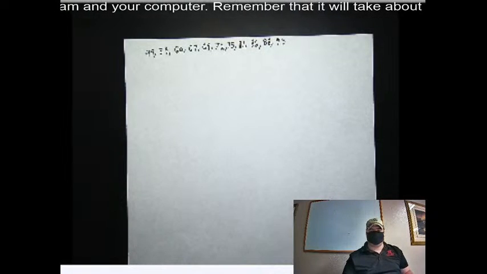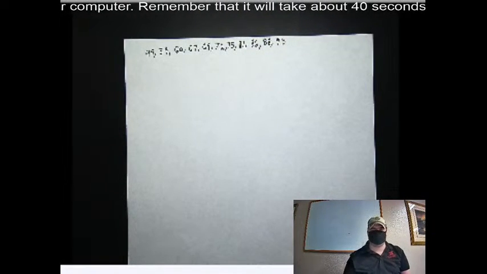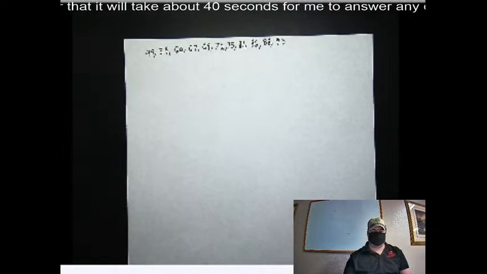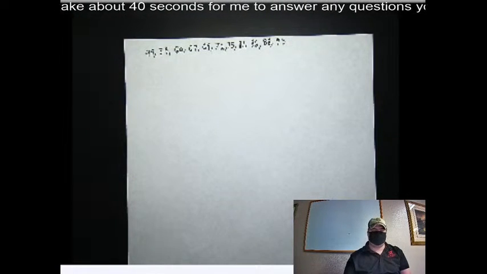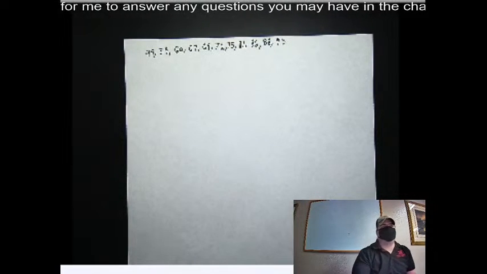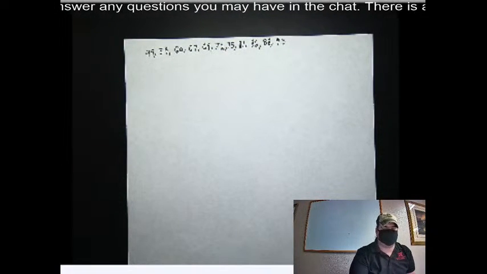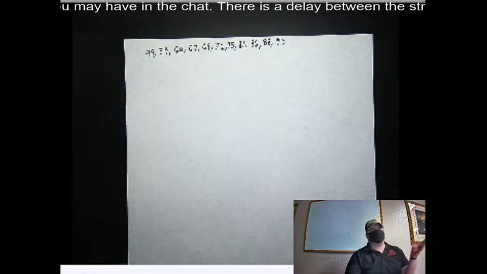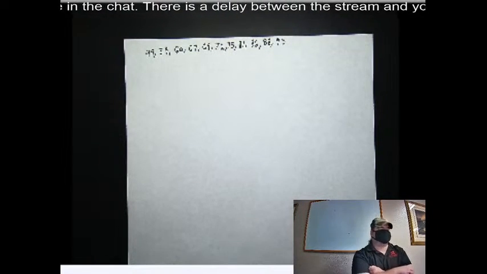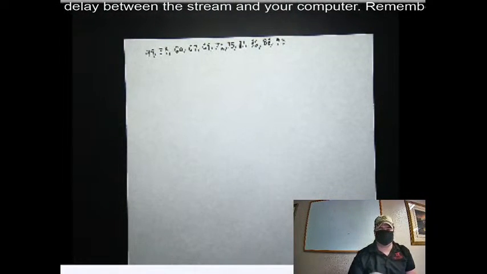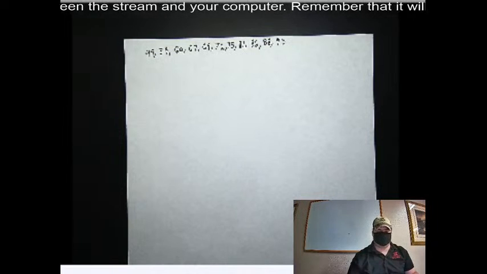Okay? So, lucky for us, this data has already been ordered. We don't need to worry about ranking it ourselves. But instead of finding those quartiles and finding a 5-number summary, we want to find a little bit more specific percents. Okay?